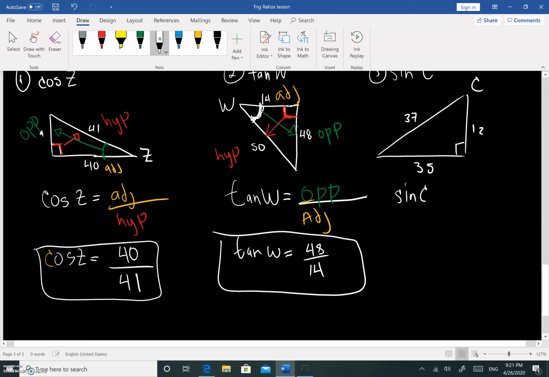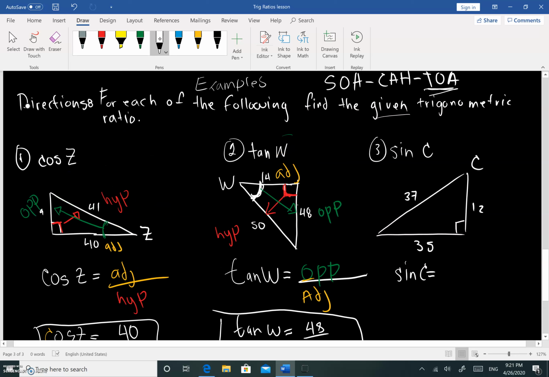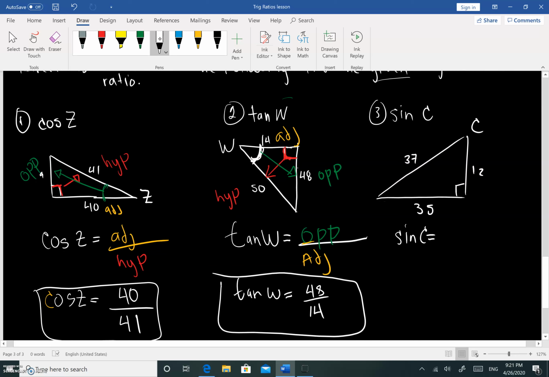All right. So sine of C is equal to, and that's going to be the first part, right? So we have O for opposite, and then hypotenuse in the bottom. And in this case, always start by the 90-degree angle.